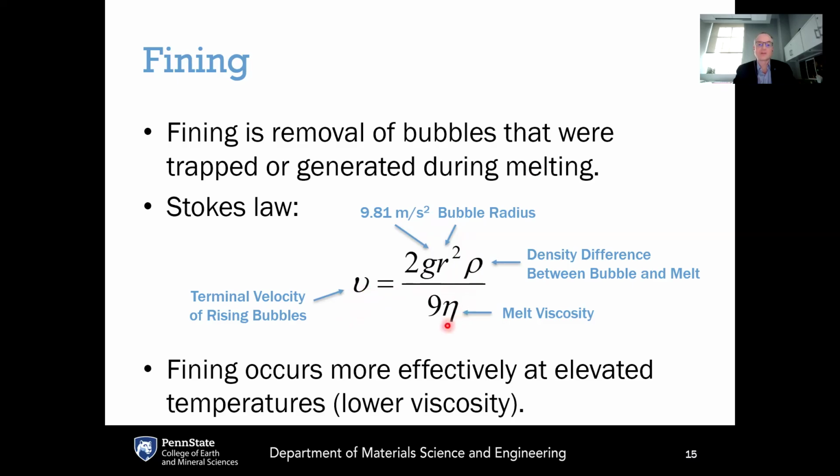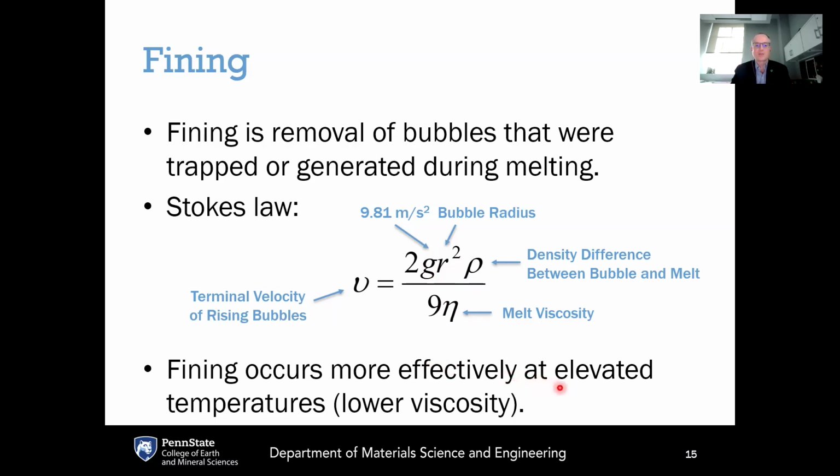The other thing we can do is to lower the viscosity, because the viscosity is varying by orders of magnitude with temperature. If you heat up the melt, that lowers the viscosity, and a lower viscosity means that it's more fluid, which means that the bubbles can rise up faster. So the main tricks that we want to play are to either lower the viscosity by increasing temperature or increase the size of the bubbles. Either one of those approaches will help to speed up the fining process.